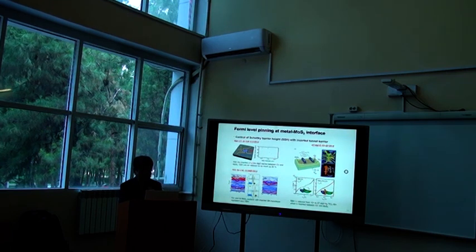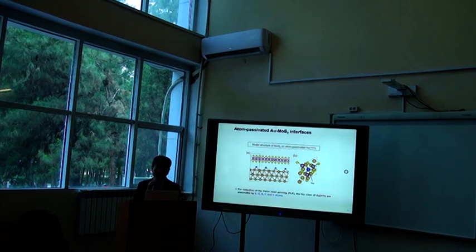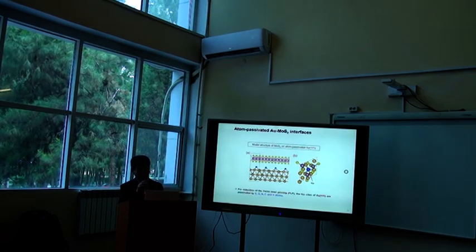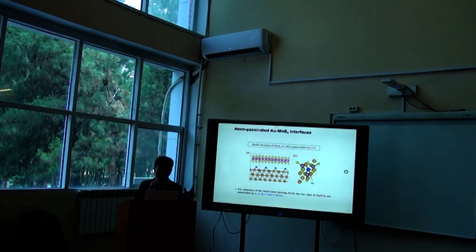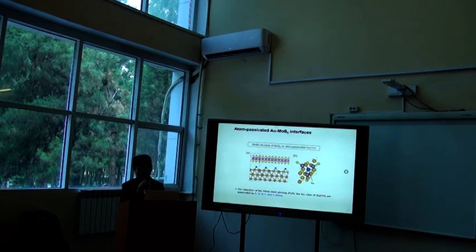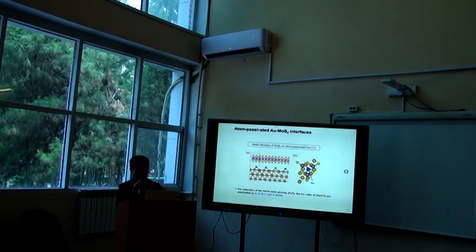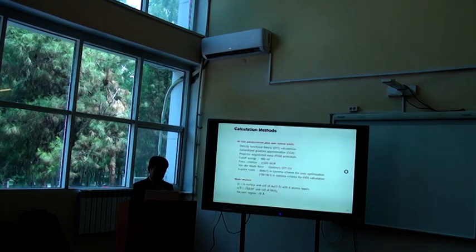Rather than doing that, I try to suggest putting atomic species between two materials, such as sulfur, oxygen, nitrogen, fluorine, even hydrogen. This kind of atomic species is pretty rare in experimental conditions.